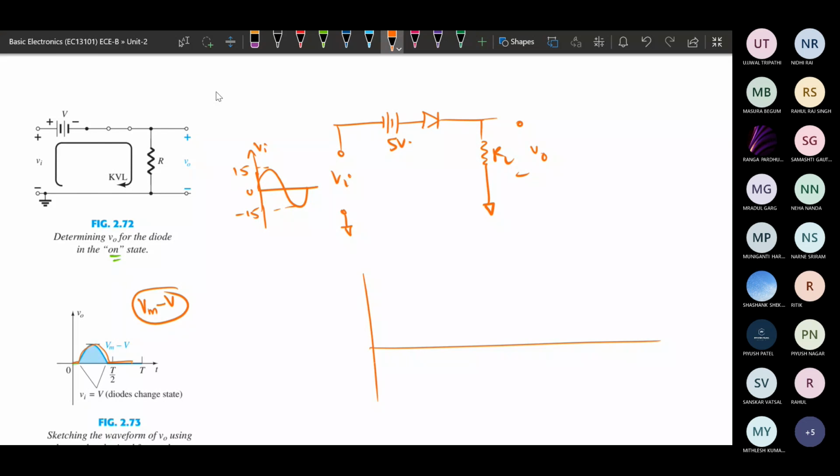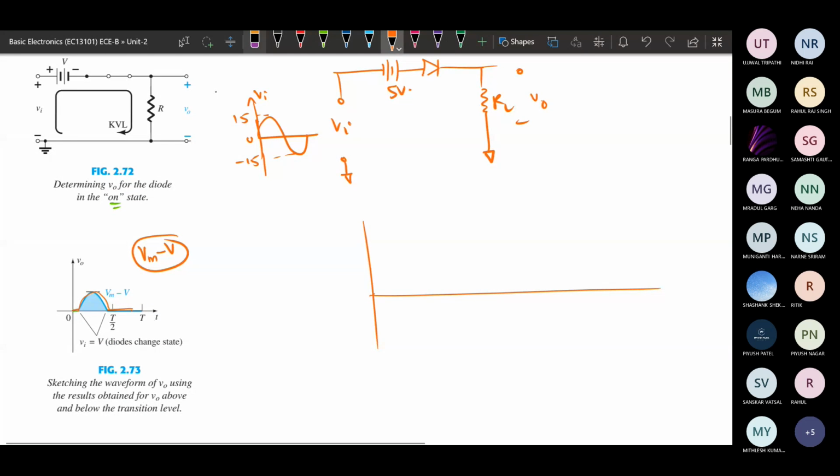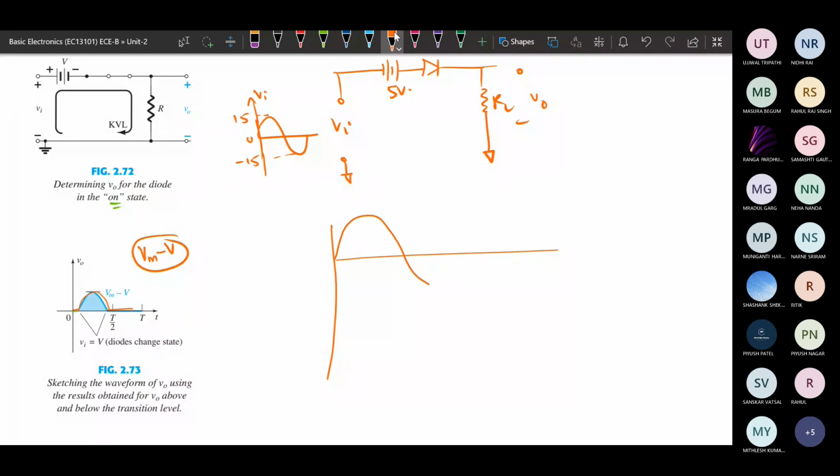To draw that, with respect to whatever input voltage is there, we draw the output. Suppose this is the input voltage, this is 15 volt, and this is minus 15 volt.